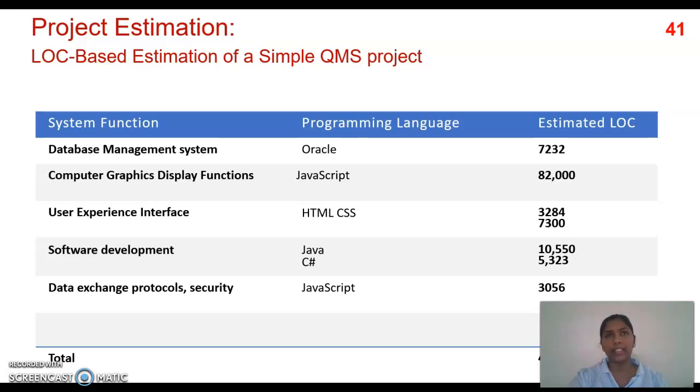So we have to calculate the LOC by counting the number of lines of code used in the software, considering the different project languages used in different system functions. It gives you the estimated number of lines of code.